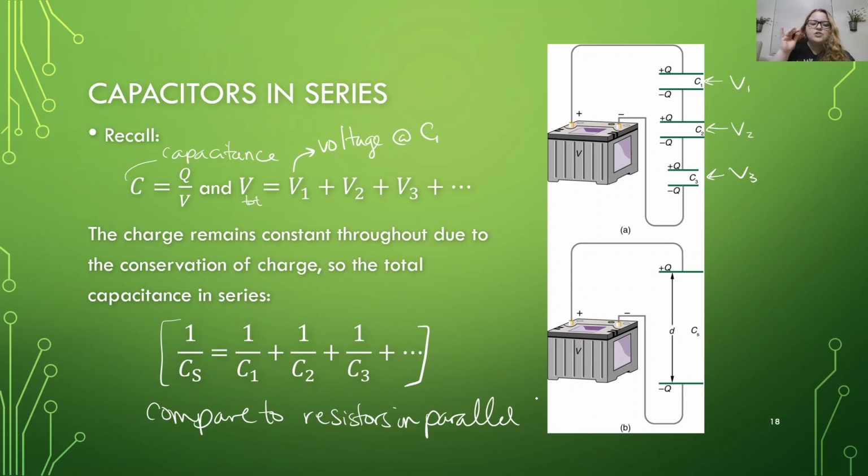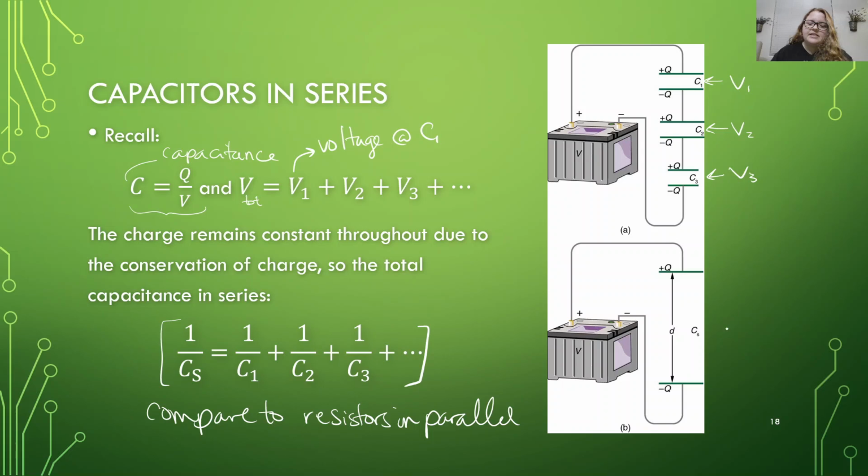Okay, so this might seem a little bit confusing, but this is due to the equation here. Okay, this is due to the charge dependence of capacitors as well. Okay, so you can see in these two diagrams, we have our capacitors in parallel. And remember, capacitors store charge. And we have our voltage that's hooked up, our battery.